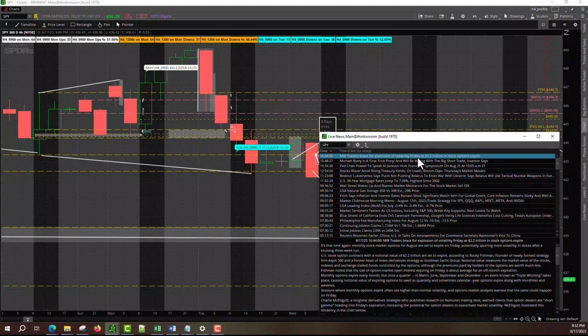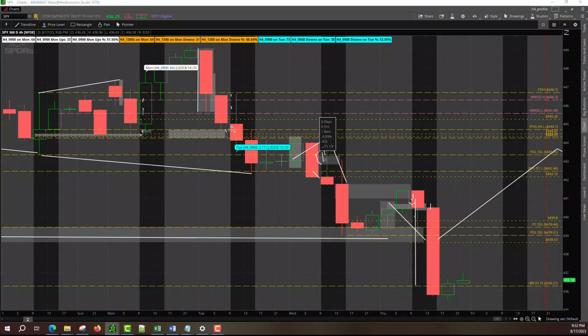Option expiration this Friday, and they say it's worth about 2.2 trillion. Maybe a lot of people buy calls, right? They expect the market to go up. And the market maker who sells that call wants this option to expire worthless, so they have to bring the market down. That's the reason why you see it's down huge right there.